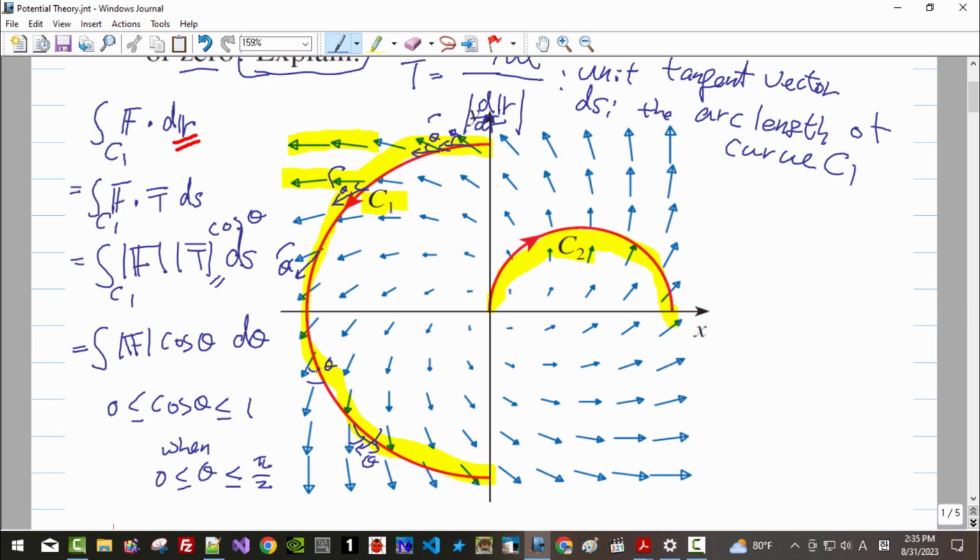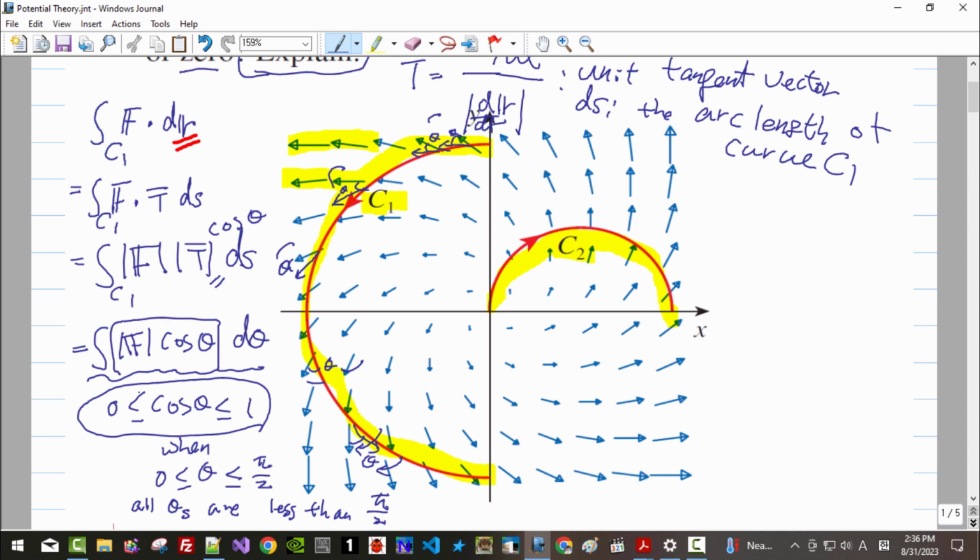This theta, this theta, this theta, all thetas are less than pi over 2. So this value is positive. We accumulate positive values. So it is greater than 0.